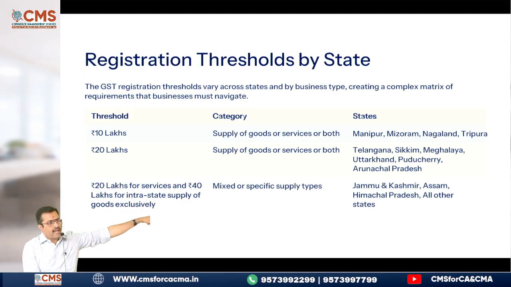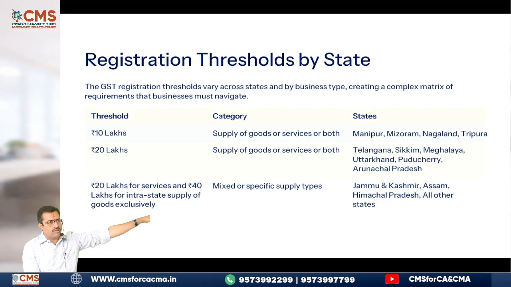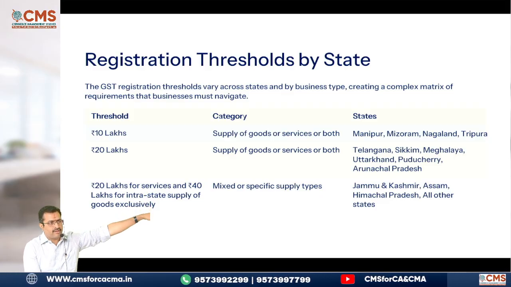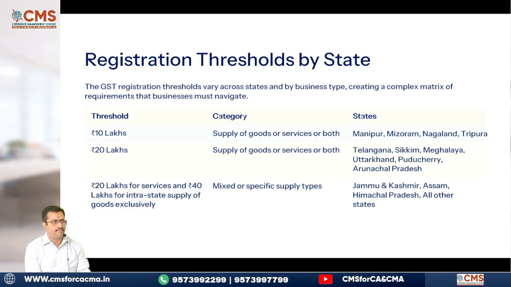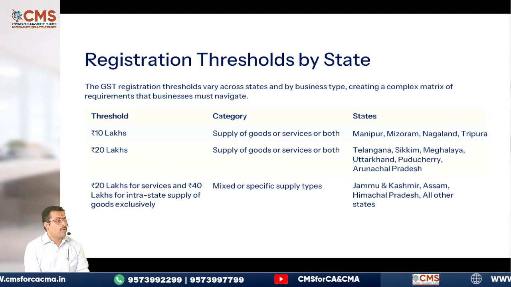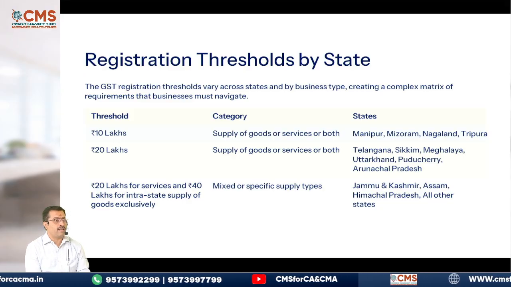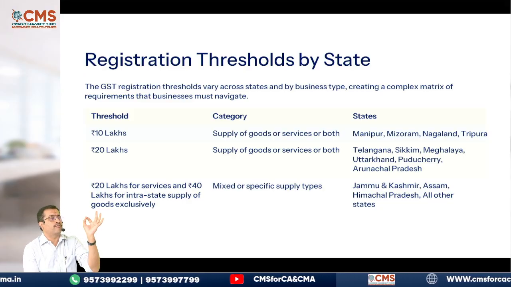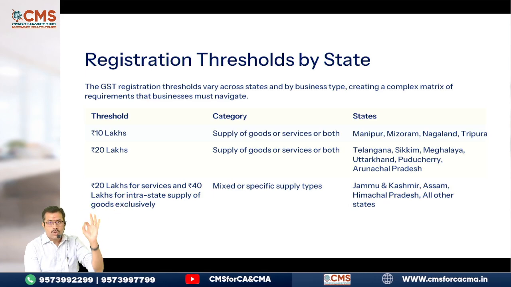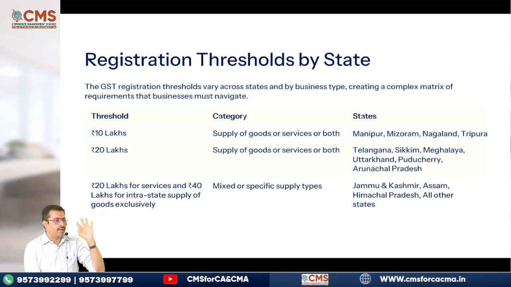20 lakhs is again for supply of goods or services or both. All states, please see there, Telangana, specifically I mentioned Sikkim, Meghalaya, Uttarakhand, Puducherry, Arunachal Pradesh. Then what about 40 lakhs? Please see the limit of 40 lakhs. It is only for supply of goods, not services. Supply of only goods. Now see what will happen.